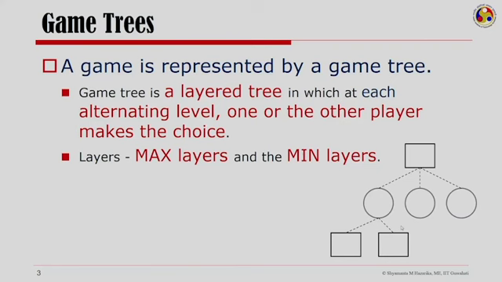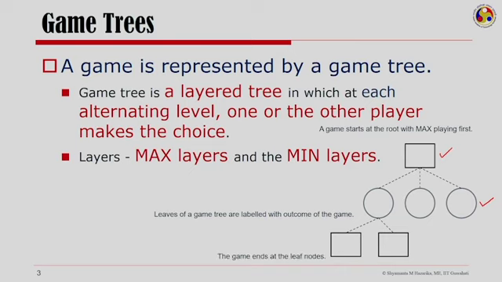So we have the max layer and the min layer, and this is how the layers of the tree come one after another. A game starts at the root with the max player playing first, and the leaves of the game tree are labeled with the outcome of the game. The game ends at the leaf nodes.